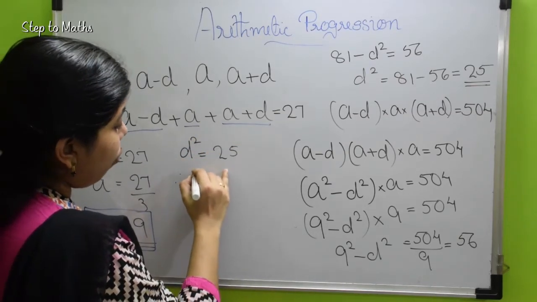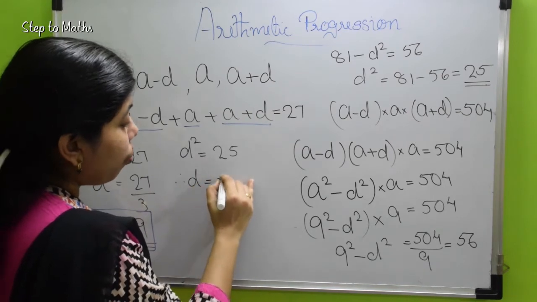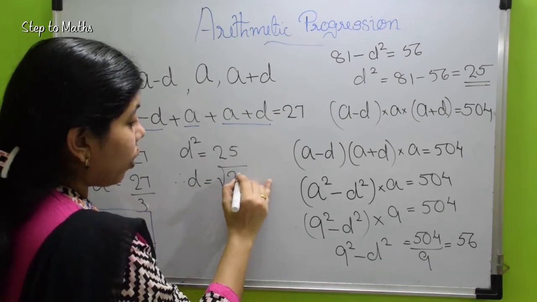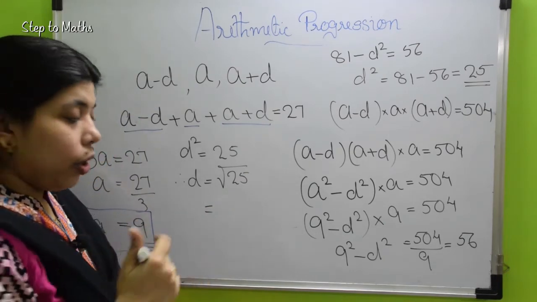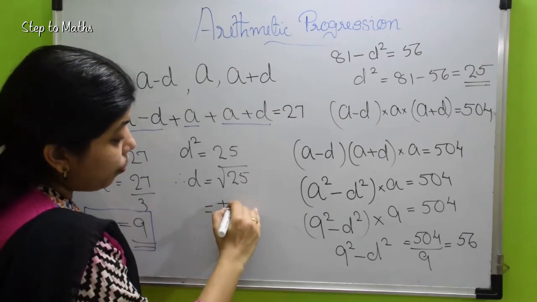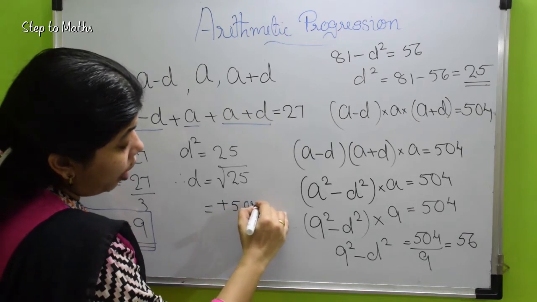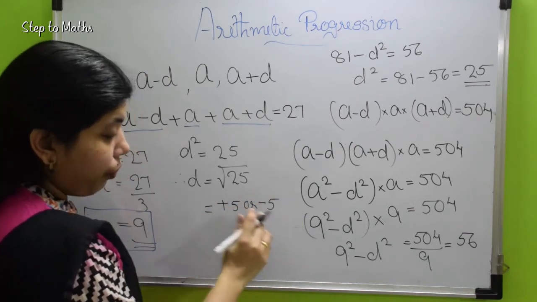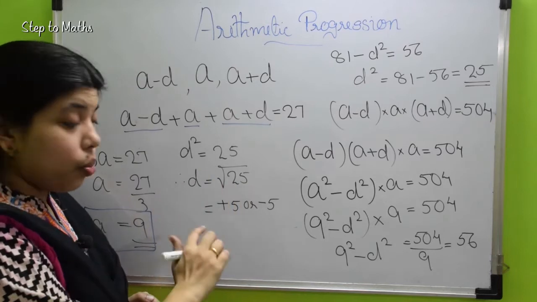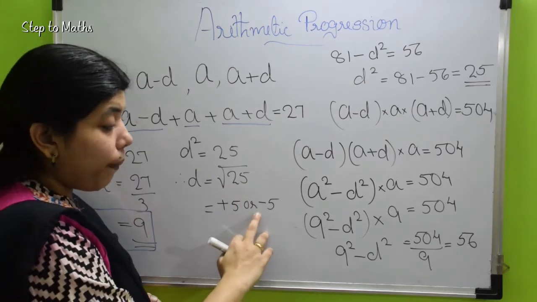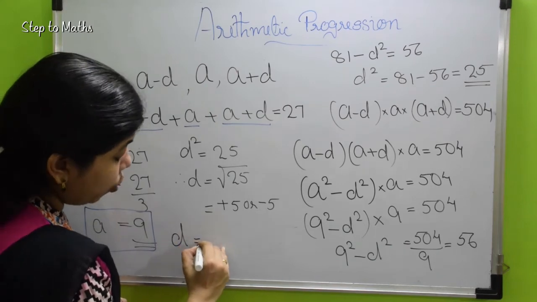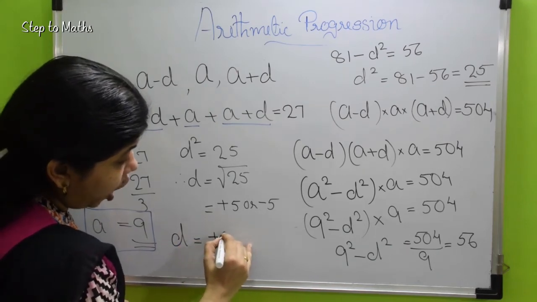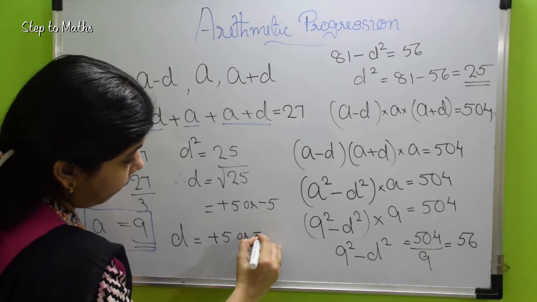Therefore, the value of d is equal to root of 25. And root of 25 is plus 5 or negative 5. Root of 25 has two values, plus 5 or minus 5. So the value of d is equal to plus 5 or minus 5.